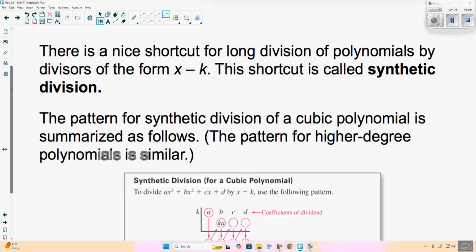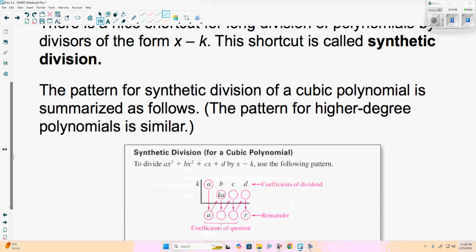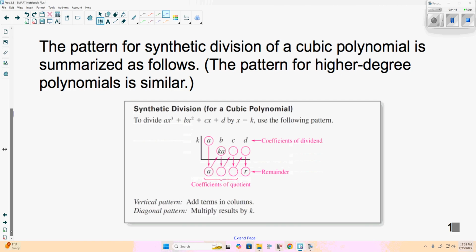There's a nice shortcut for long division of polynomials by divisors of the form x minus k. The shortcut is called synthetic division, and we've done this before because we have our setup and multiply and add.